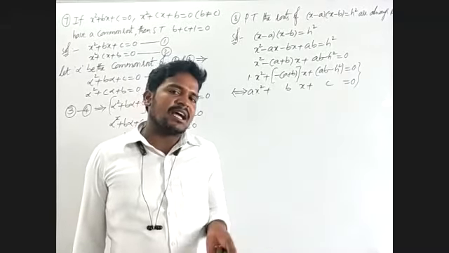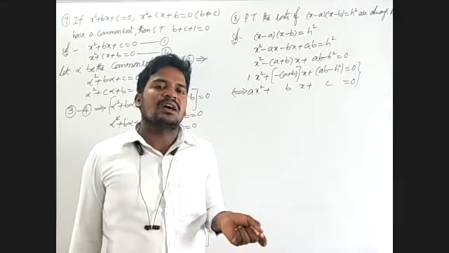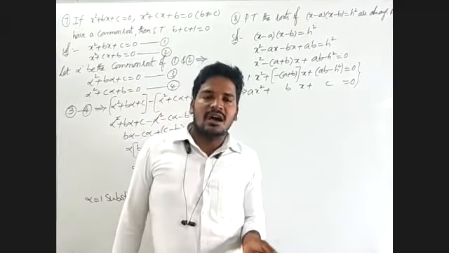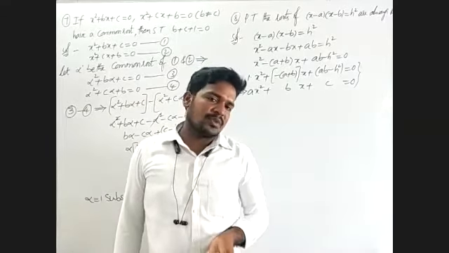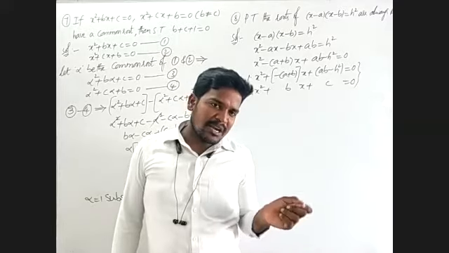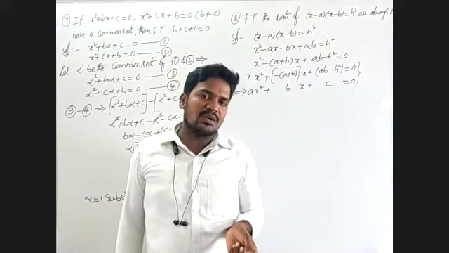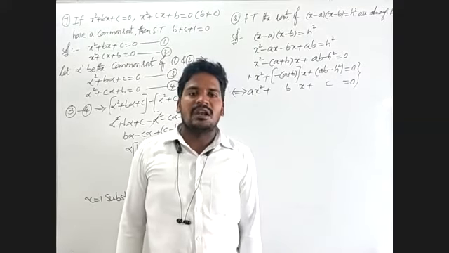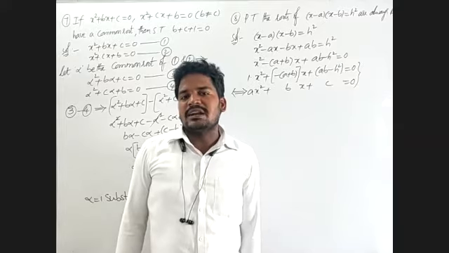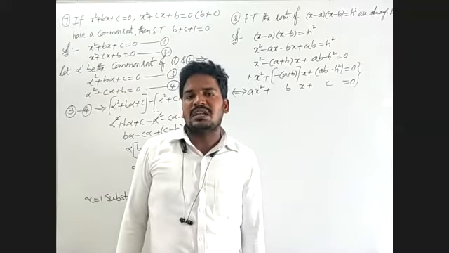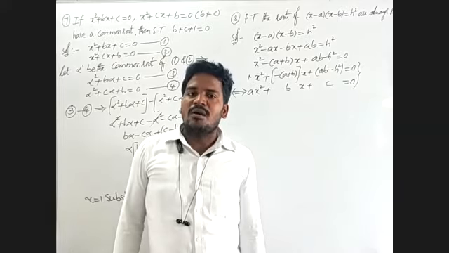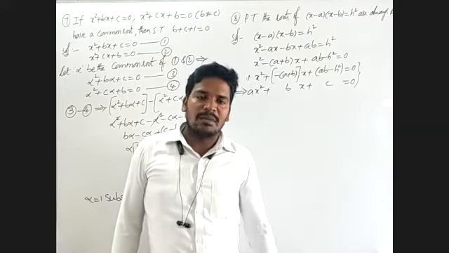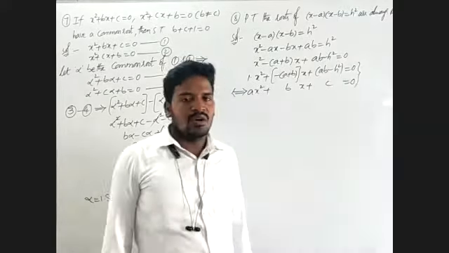Discriminant greater than 0 means the roots are real and distinct, or real and not equal, or real and unequal. Discriminant equal to 0 means the roots are real and equal. Discriminant less than 0 means the roots are imaginary, or no real roots, also complex conjugate roots.